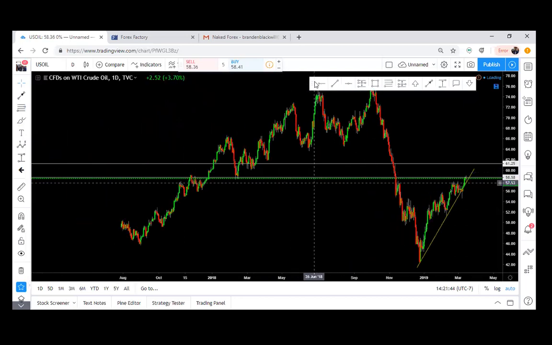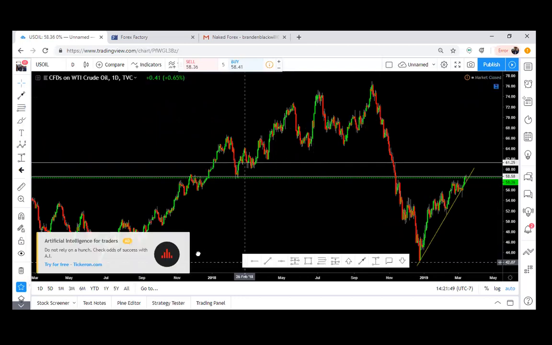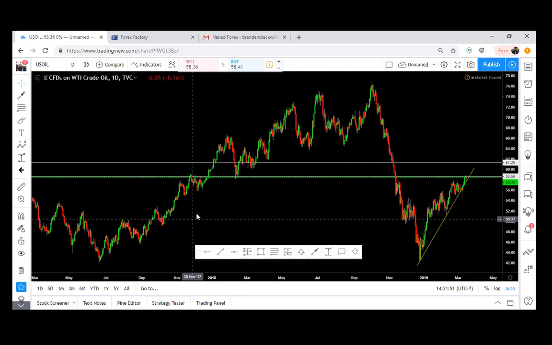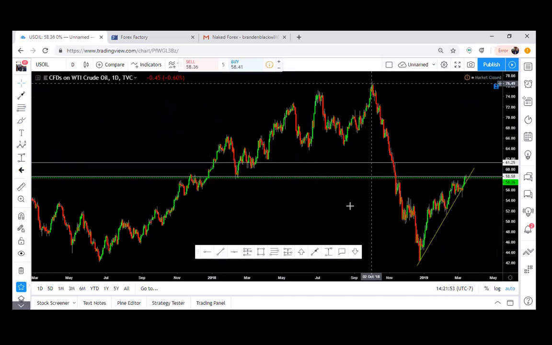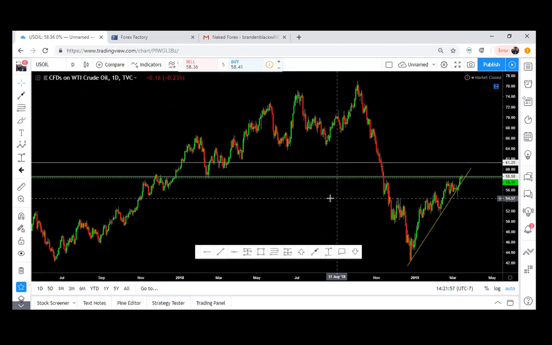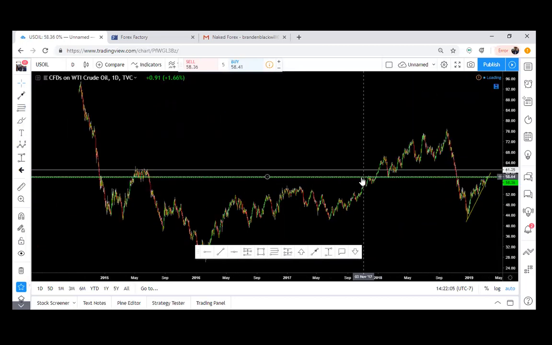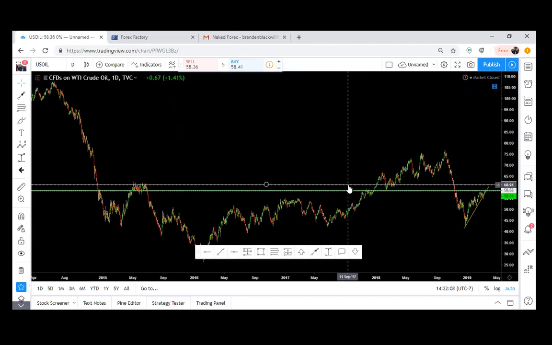So if you look at oil, it's definitely been in a downtrend ever since this high way up here. So the downtrend is set. Now where price is at, it's basically retesting structures. You're testing this little support level here. If I can zoom out here, you can see the structure where I have this line at.